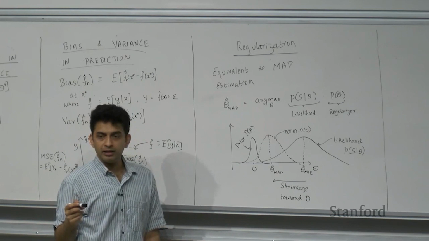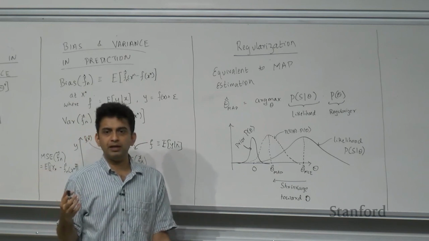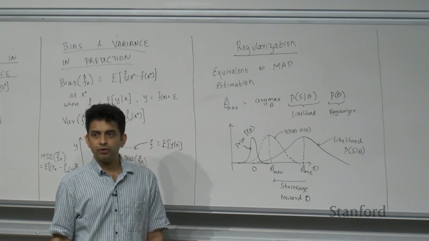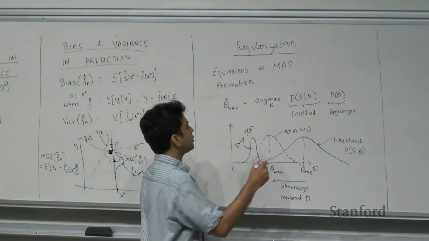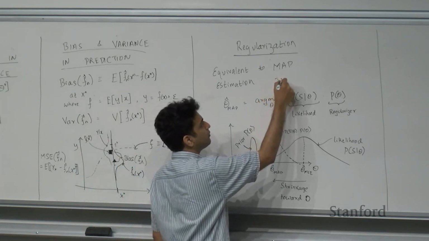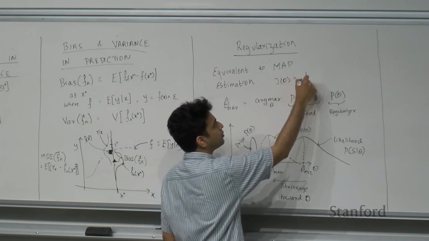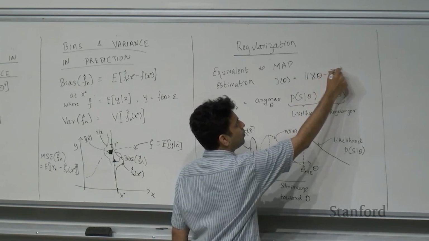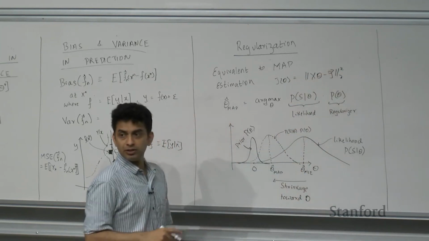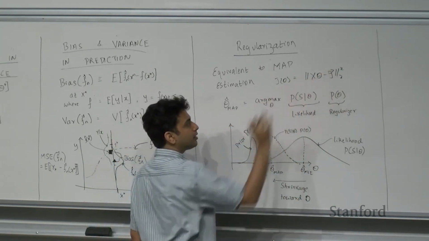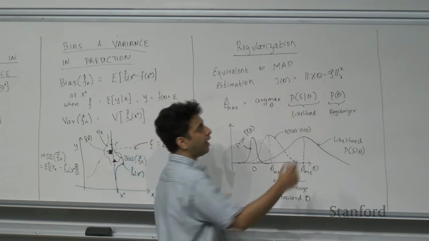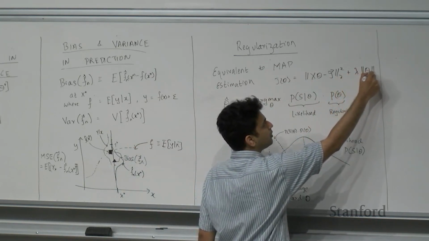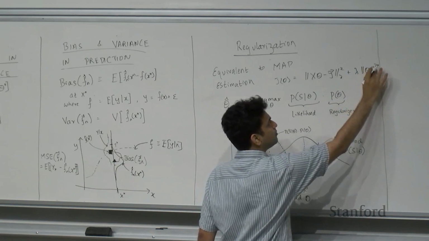And the intuition there is we want to therefore penalize large values of theta, and therefore we add an extra term to our cost function. So if J of theta, which previously used to be the norm of X theta minus y, this is the standard linear regression cost function, we will add an extra lambda times the norm of theta.